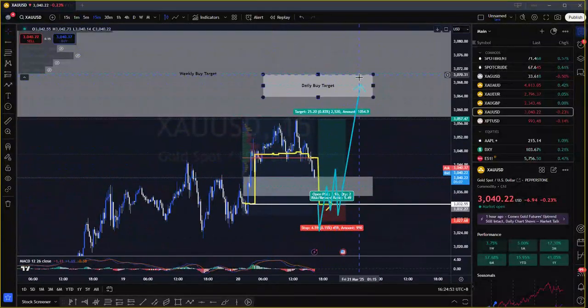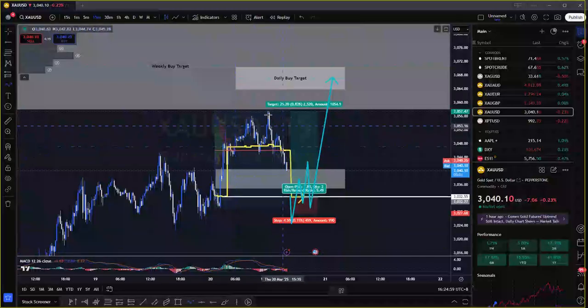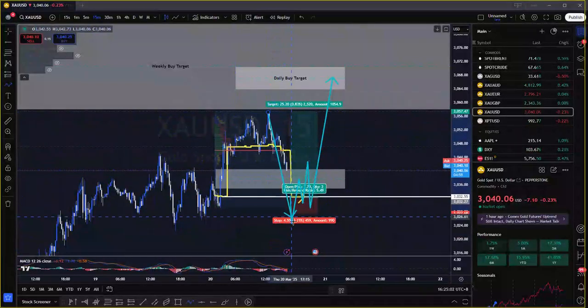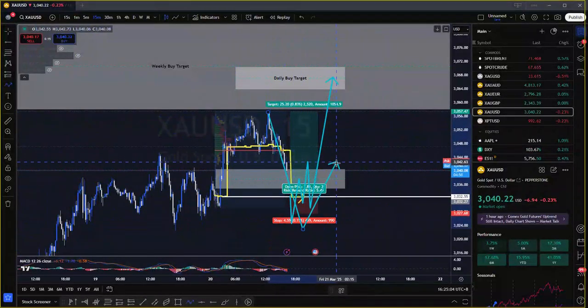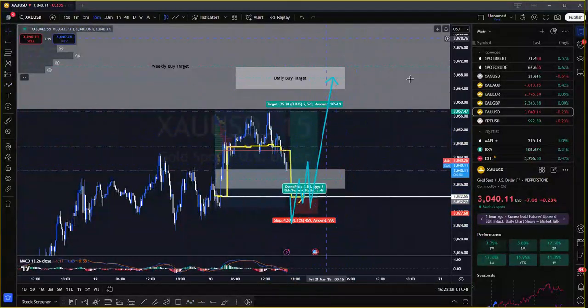We can actually hit the daily target today, or if we end up in a range, that means we create a low and we end the day in the middle. Okay, tomorrow's R2M4 will be at this level again, and that's where we find another setup to aim for the weekly buy target.